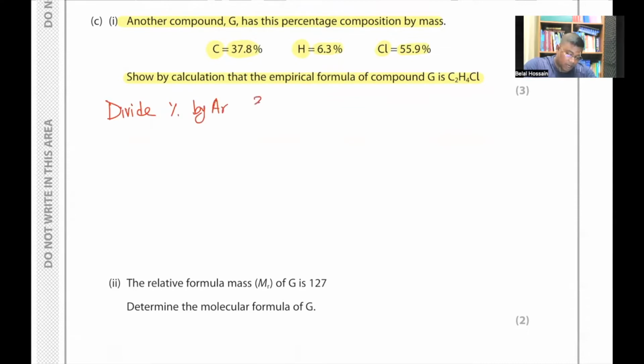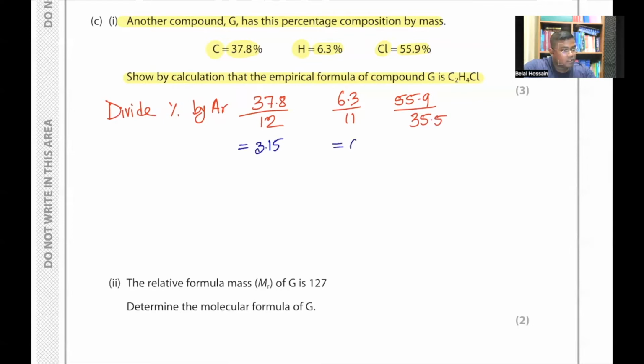For carbon, it is 37.8 divided by 12, hydrogen 6.3 divided by 1, chlorine 55.9 divided by 35.5. So we get 3.15, 6.3, and 1.57 respectively. Then we are going to find the simplest ratio, or divide by the smallest number.